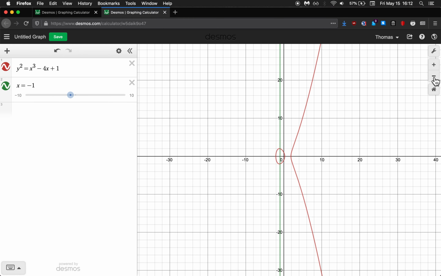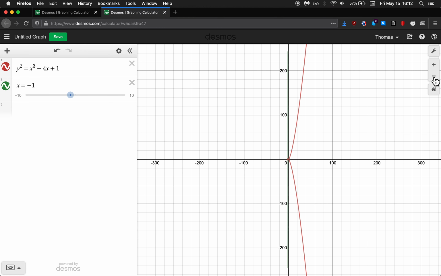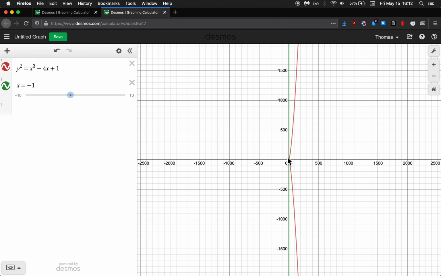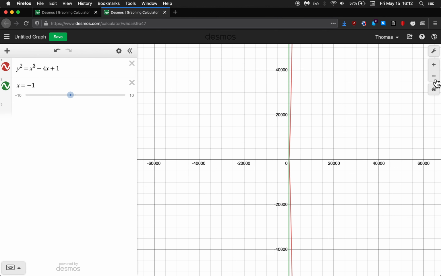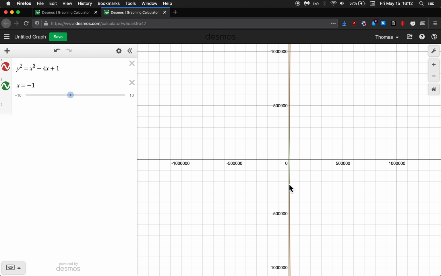But as we zoom out further and further, the red elliptic curve is becoming more and more vertical, right? If I continue going out, you can see that now at this scale, the red curve is nearly vertical. The green curve has been vertical the entire time.